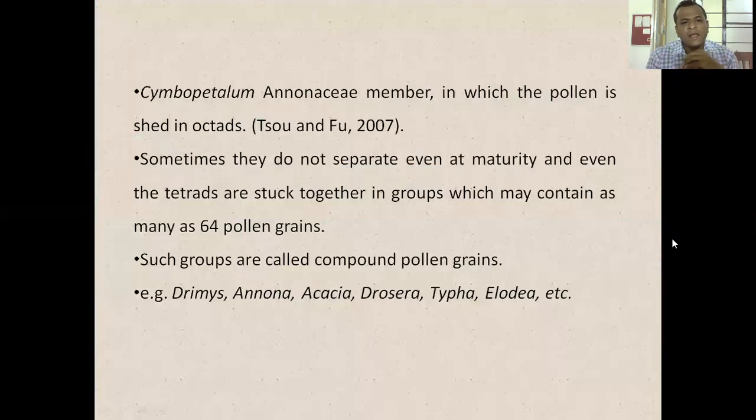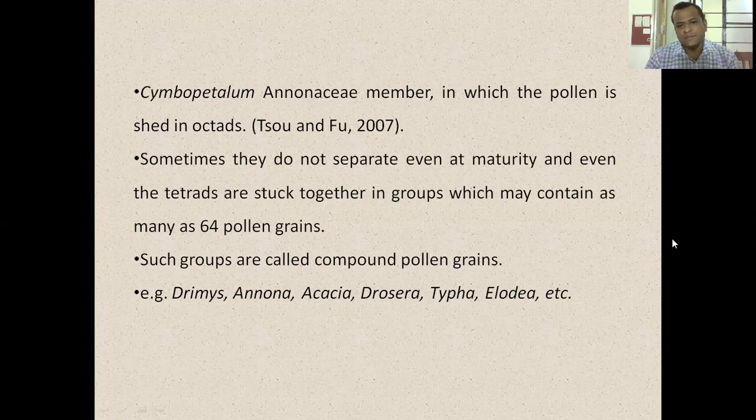Then in some plants, there are some exceptions. For example, in Symbopetalum, which is a member of family Annonaceae, the pollen grains are shed in octads. It was reported by Su and Fu in 2007.